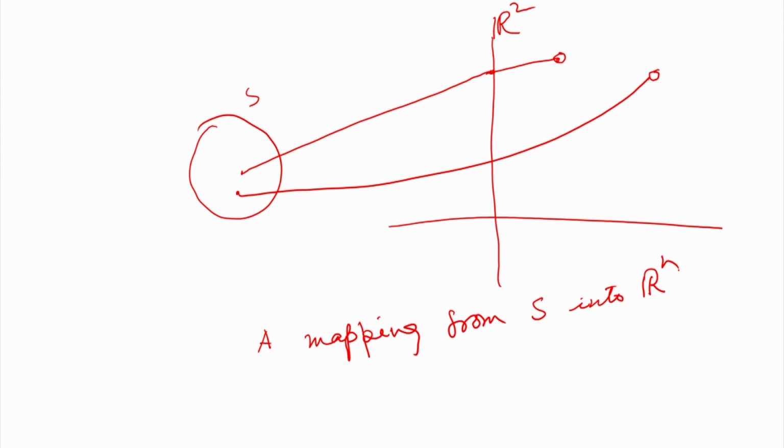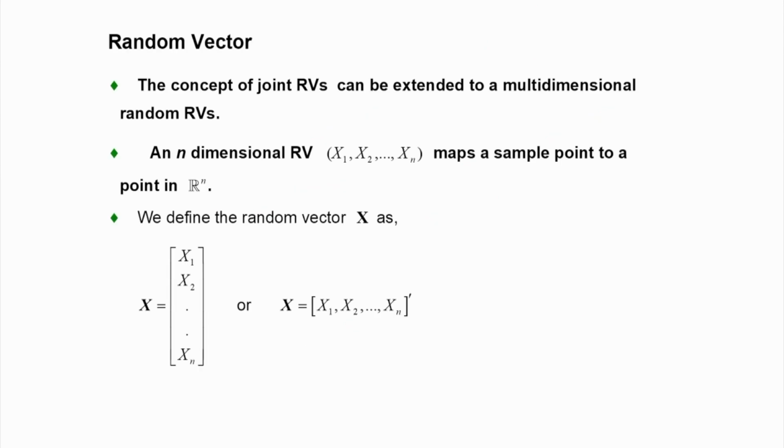So, this is the n dimensional random variable, or we will call it a random vector. An n dimensional random variable x 1, x 2 up to x n maps a sample point to a point in R n. So, that we have already told.